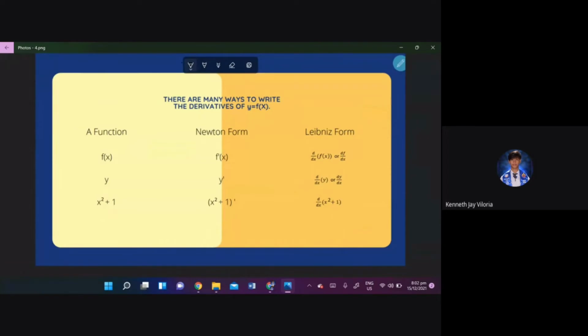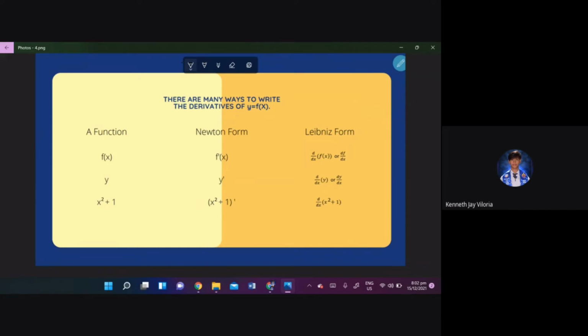There are many ways to write the derivative of y equals f of x. For a function f of x, the derivative in Newton form is f prime of x, and in Leibniz form d over dx of f of x or df over dx.